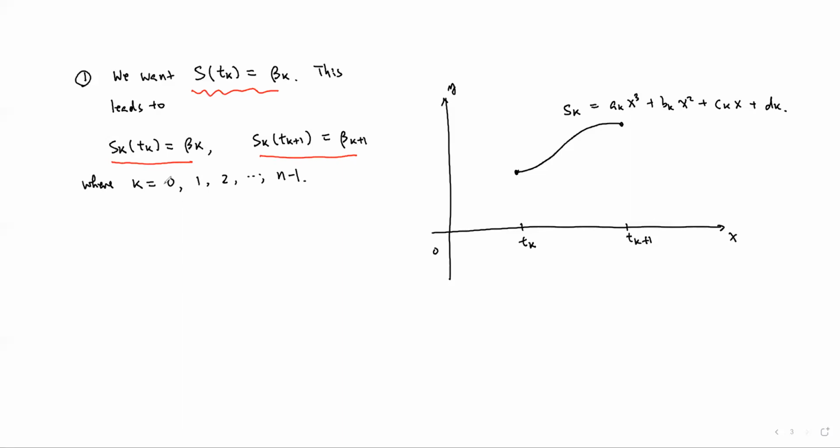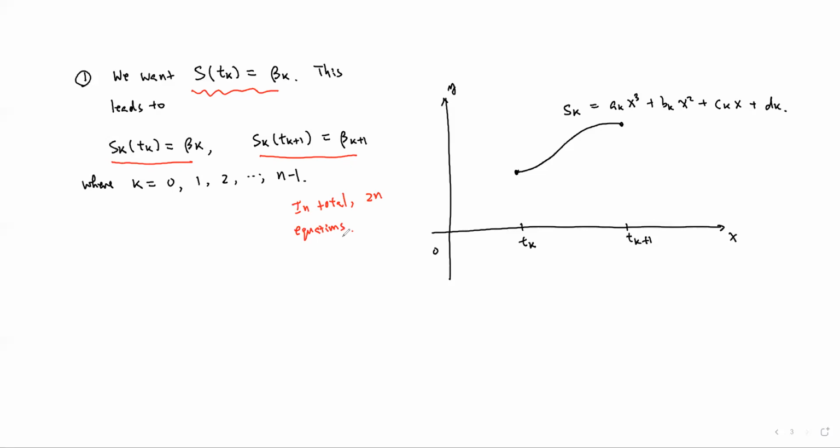But k goes from 0 to n minus 1, so in total, 2n equations. We have 4n coefficients to determine, and now we have 2n equations.